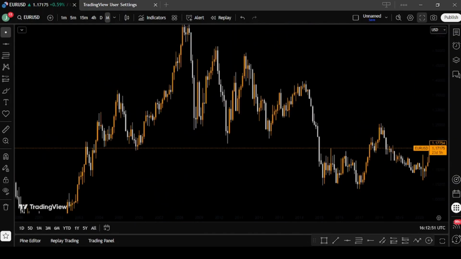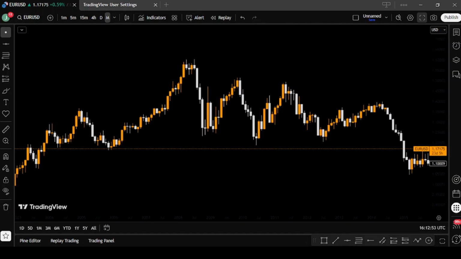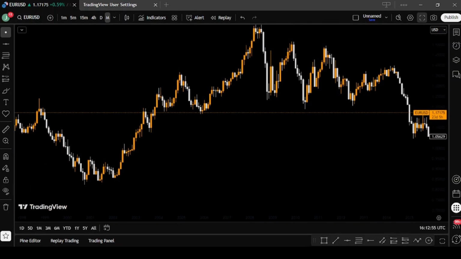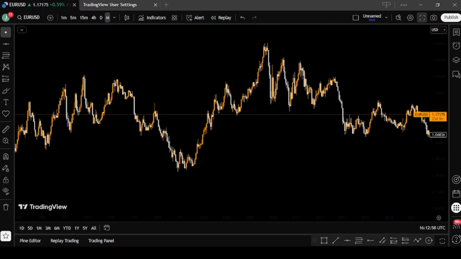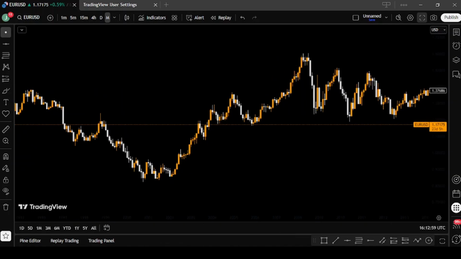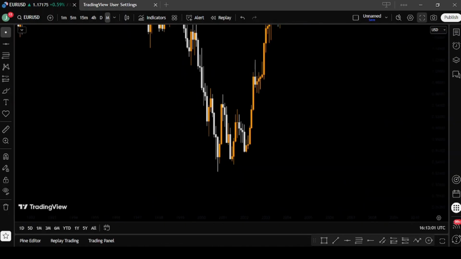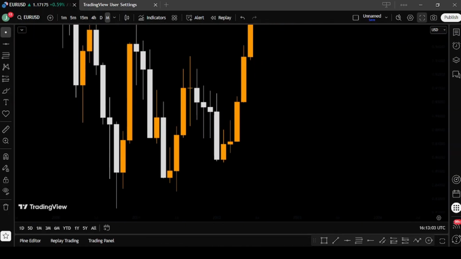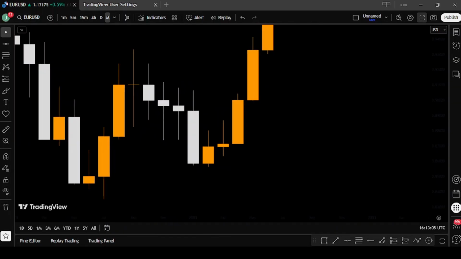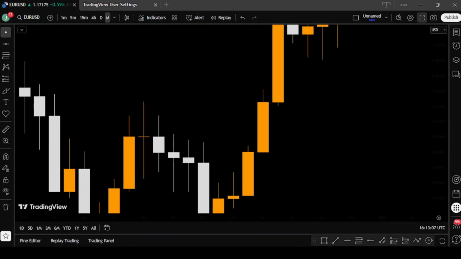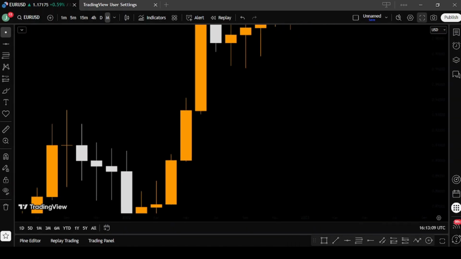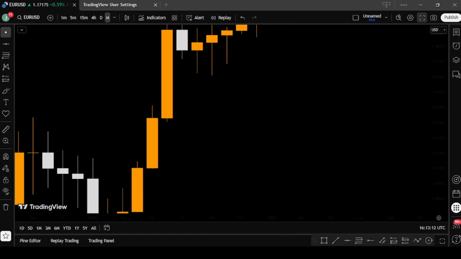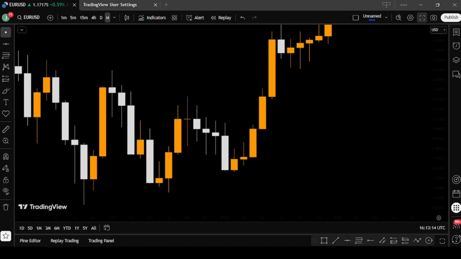So this is a candlestick, right? A candlestick is used to measure the price of a currency. Each candlestick is made up of the body, the wick, and the shadow.